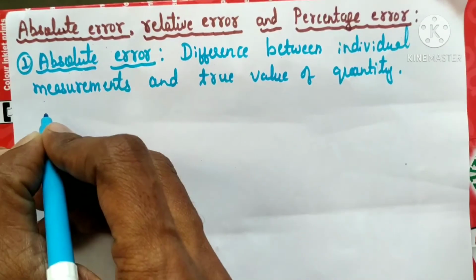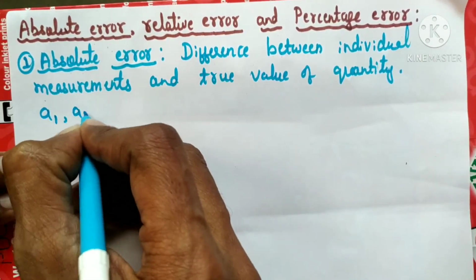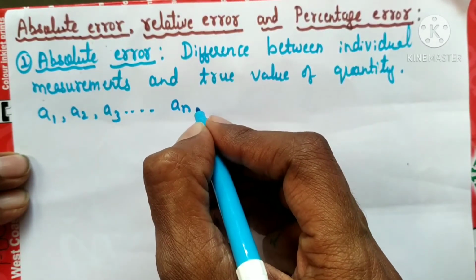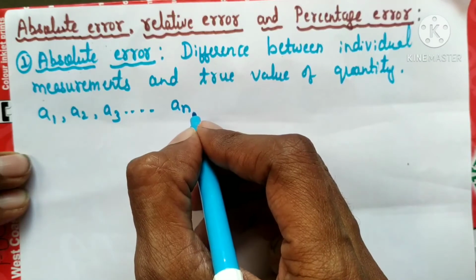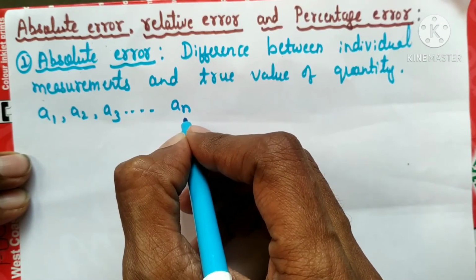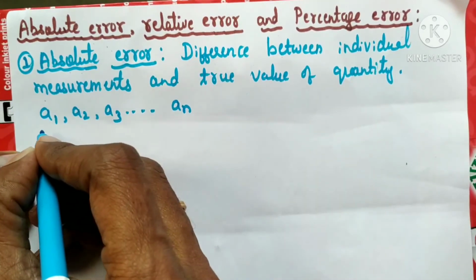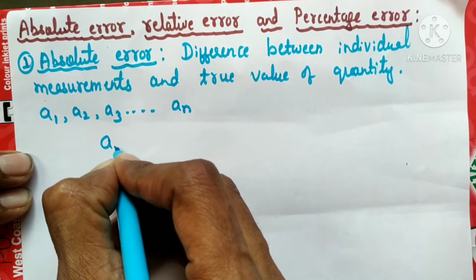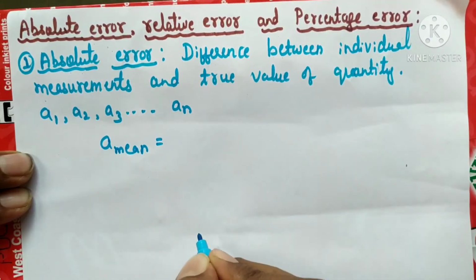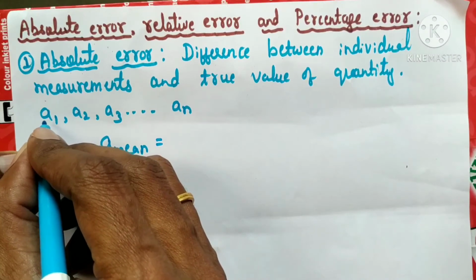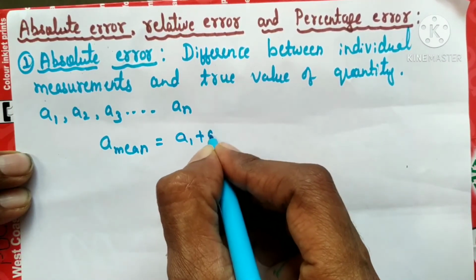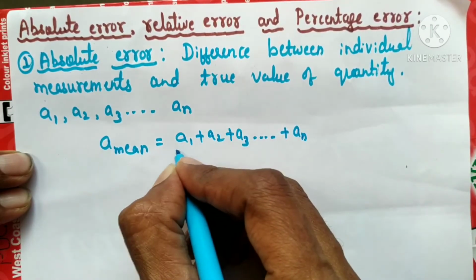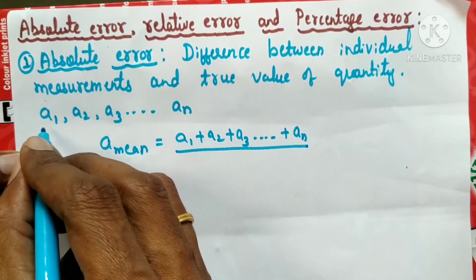So let me take A1 and A2, A3, so on up to An. These are the individual measurements, and these are obtained from the experiment. Now if I want to take the mean of these values, I can write A mean. So that equals, I have to add all the measurements, like A1 plus A2 plus A3 up to An divided by, how many trials are there?